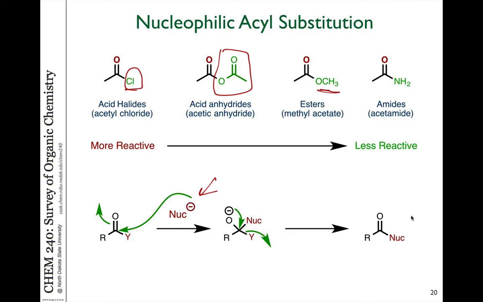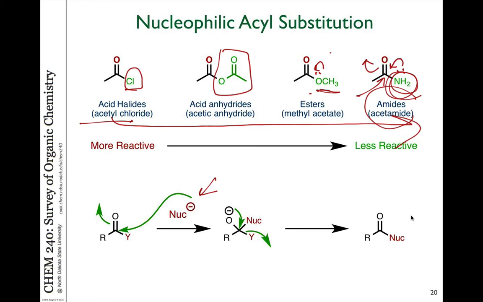Esters are significantly more stable but can do these reactions, and amides are the most stable of all, and that's because the lone pair of the nitrogen donates into the oxygen, reducing the amount of plus charge on the carbon, as well as being a very, very poor leaving group. The same thing with the oxygen. It has also some donating ability. So in terms of reactivity towards nucleophilic acyl substitution, it's most reactive at the halides and gets less reactive as you move to the right.